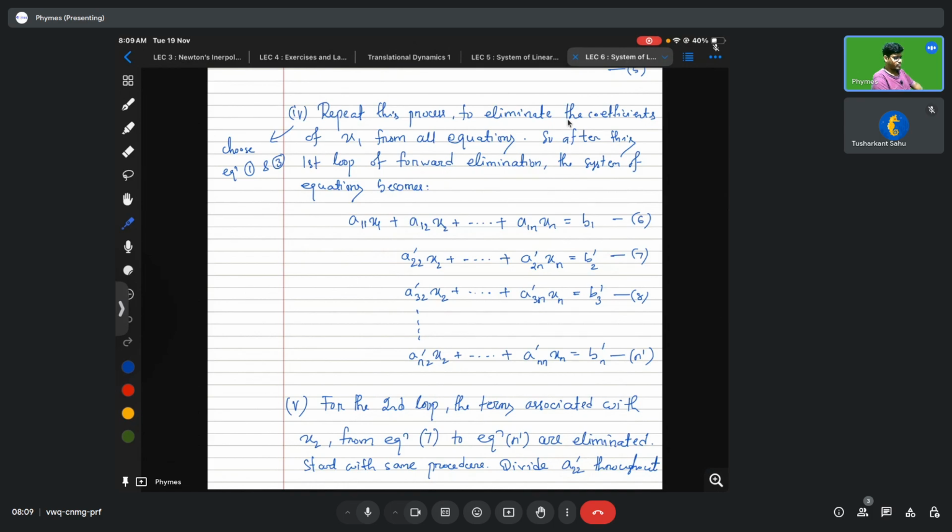First you divide this whole equation by the coefficient of x2, and then multiply the coefficients of this equation with this equation, and then subtract it from all these equations. As a result, all these x2 values will be eliminated. This is not from equation 7, this is from equation 8, right? So from equation 8 to equation n, all these x2 values will be eliminated.